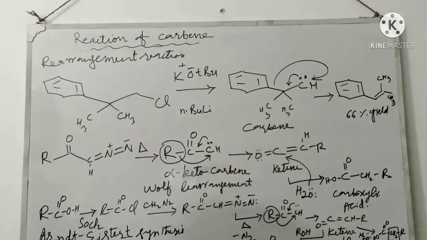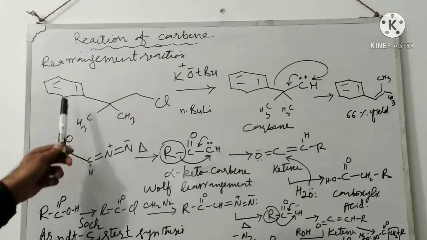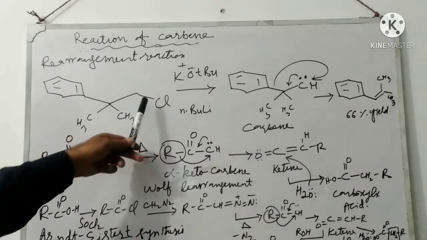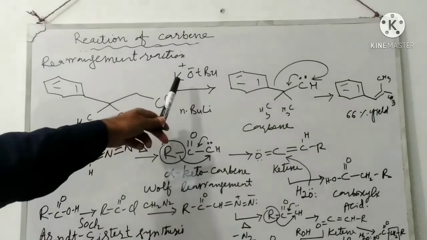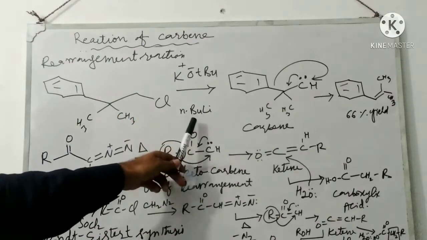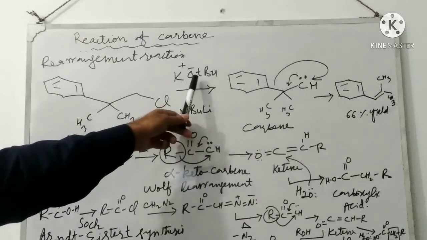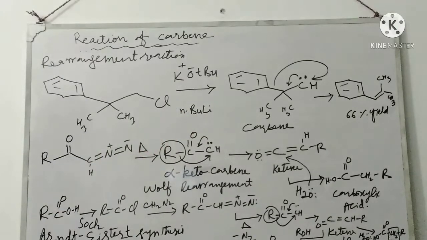So as we are discussing the reactions of carbenes, this is another important reaction. These carbenes can undergo rearrangement reactions. In this example of a rearrangement reaction, you can see an alkyl halide treated with a strong base like n-butyllithium in the presence of potassium tert-butoxide.